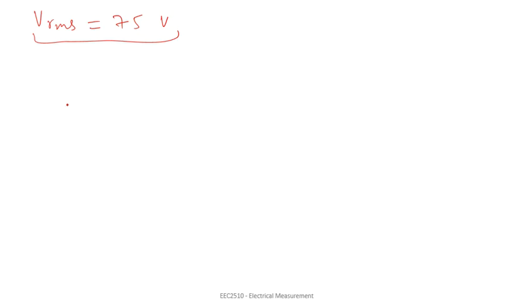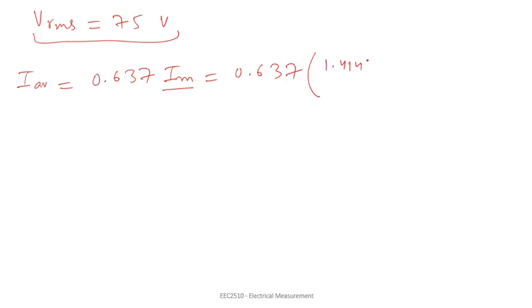Okay, so for this you can calculate the average current, that will be 0.637 times the maximum value. And the expression for this maximum current value will be 1.414 Vrms minus twice of Vf divided by Rs plus Rm.